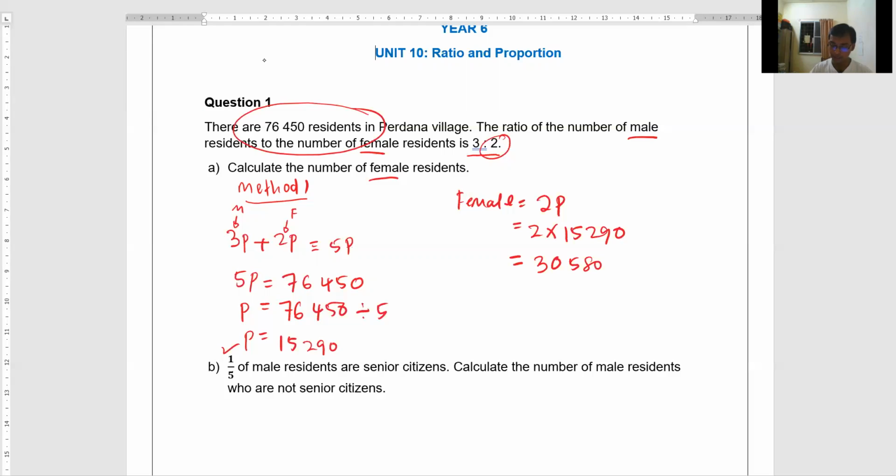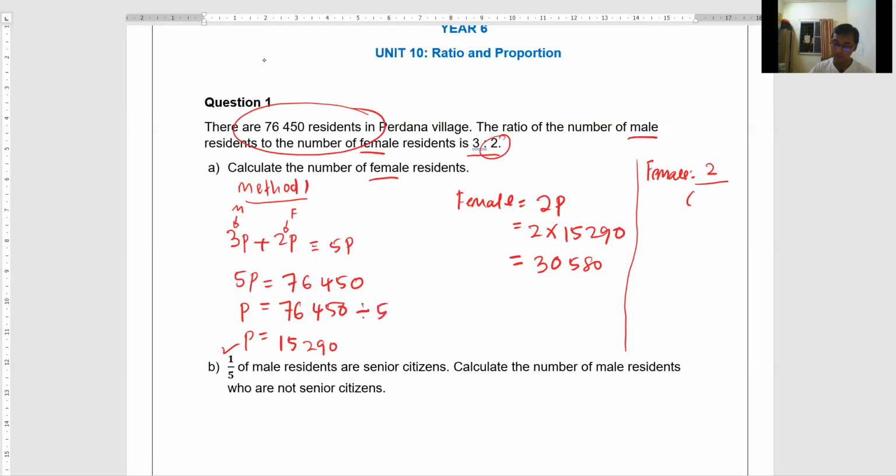The second method, I'll try to write it here. Not enough space. So the second method is, for the female, you already know female is 2 parts, 2 over the total.